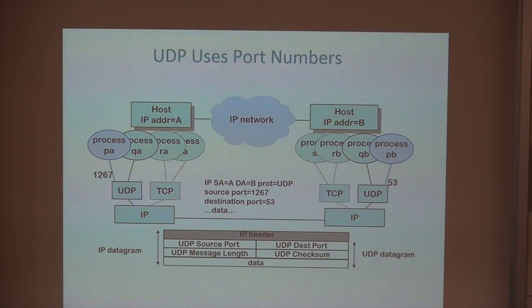Connectionless means, what is a connection? A connection is equivalent to state information or synchronization. Those are synonyms. State information means when A talks to B, B needs to have somewhere a table or some data structure of some kind in order for the communication to be able to occur.